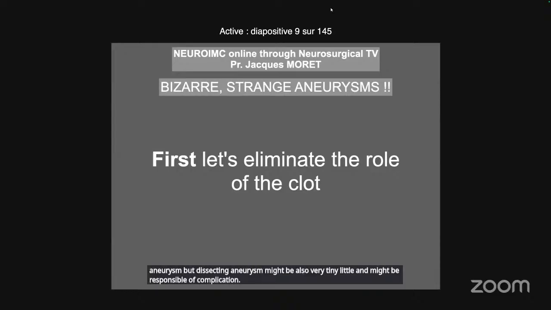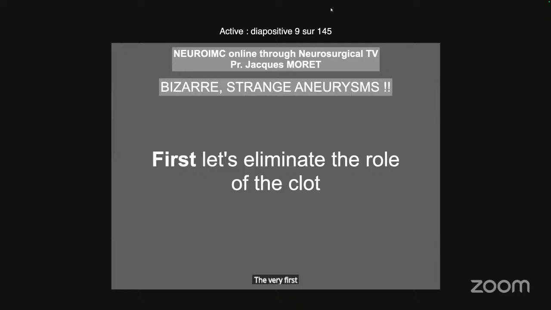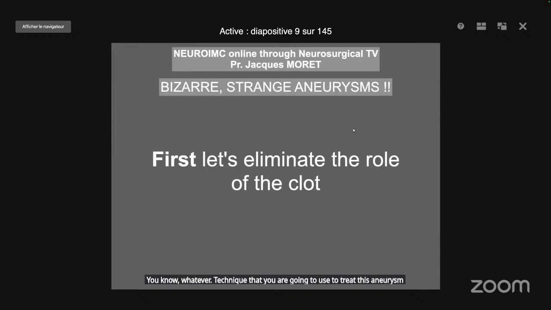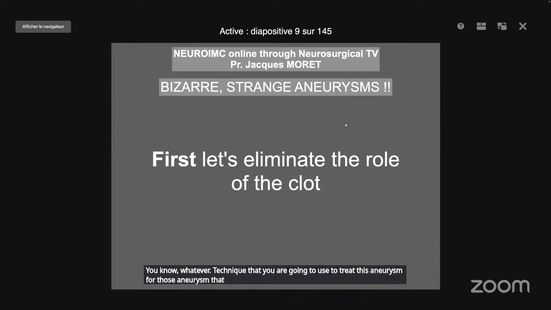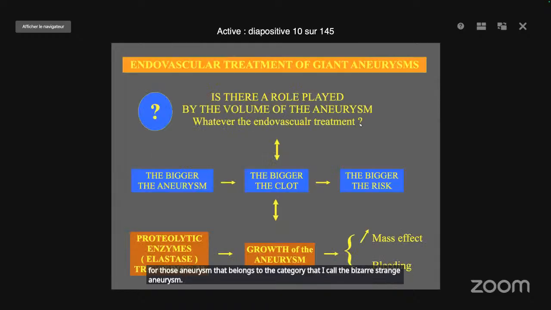The very first thing I really want to eliminate is what I call the role of the clot, whatever the technique that you are going to use to treat this aneurysm, or those aneurysms that belong to the category that I call the bizarre, strange aneurysm. This is the role of the clot.